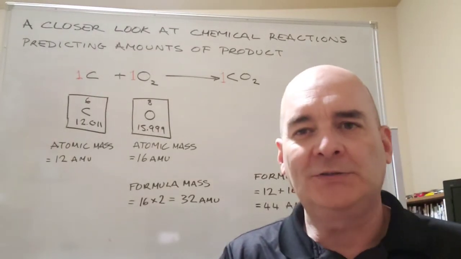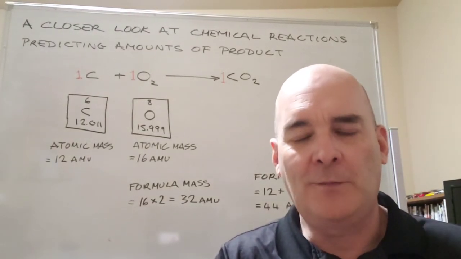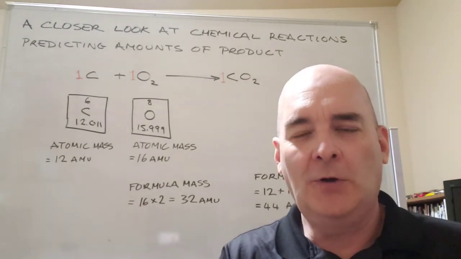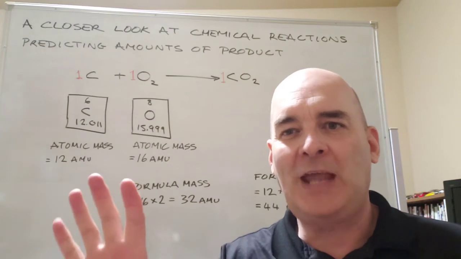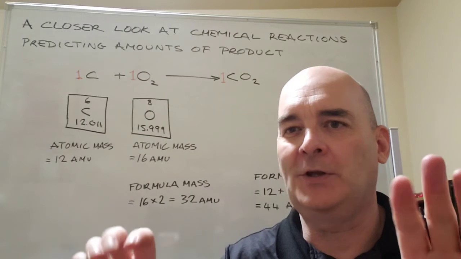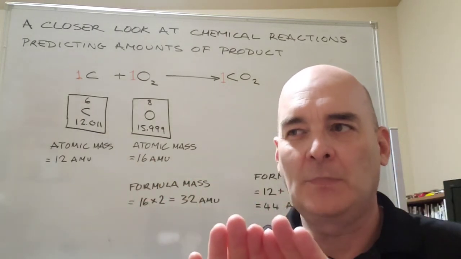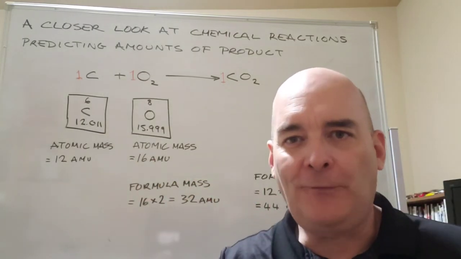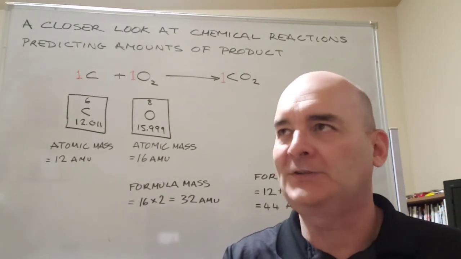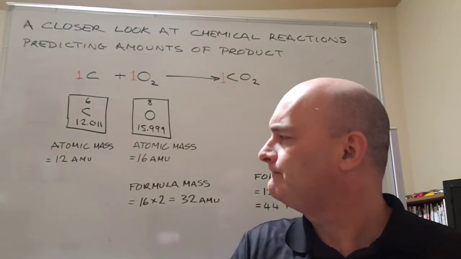My reactants have different masses. So if I took exactly the same number of carbons and exactly the same number of oxygen molecules and reacted them together, I would need a different mass of carbon than I would for a different mass of oxygen.